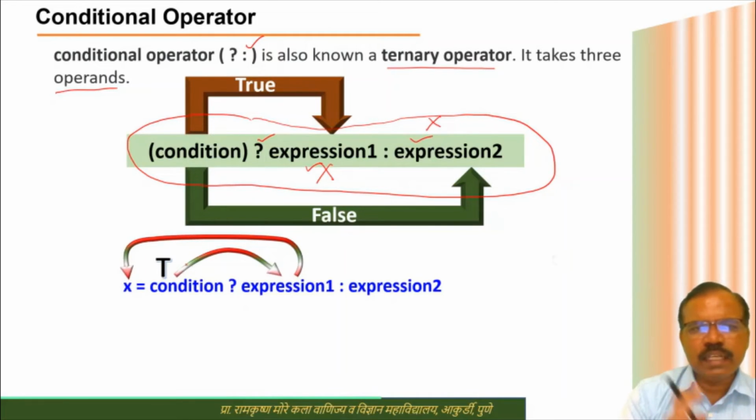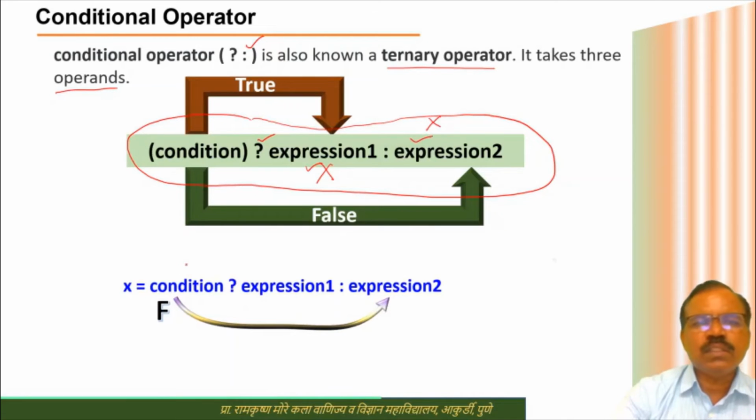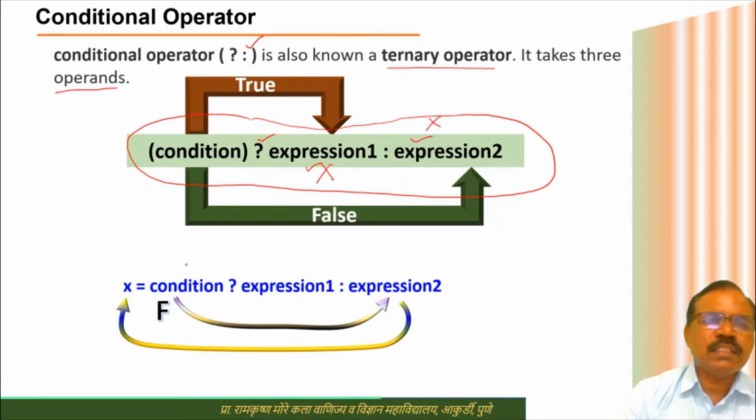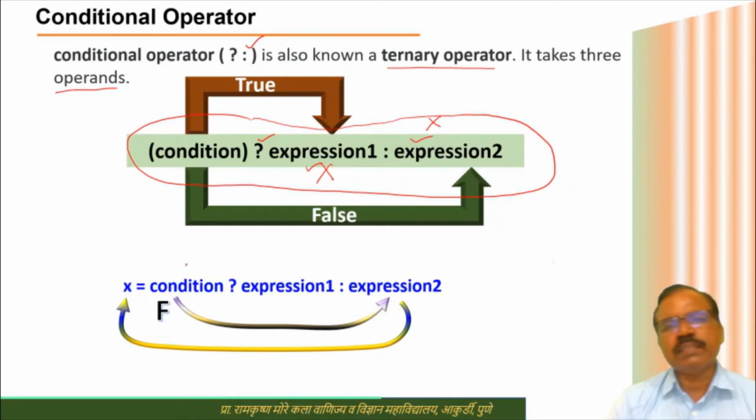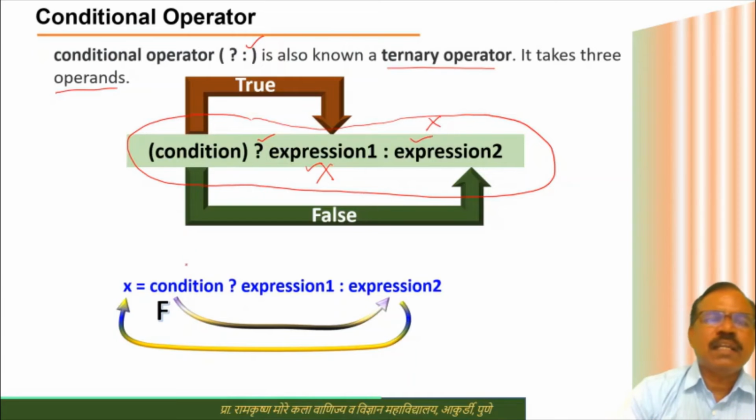So x will take the value of expression 1. But if the condition is false, then expression 2 is evaluated and expression 1 is ignored. So the value of expression 2 is assigned to x. So x will take the value of expression 2. So in this way, the conditional operator works.